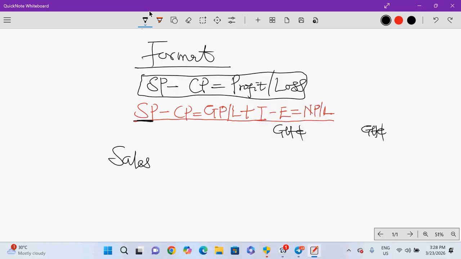The sales is actually the revenue that you generate from your normal operation. So the sales or your revenue, that is the income or the revenue that you generate from your normal operations, or from your normal business.